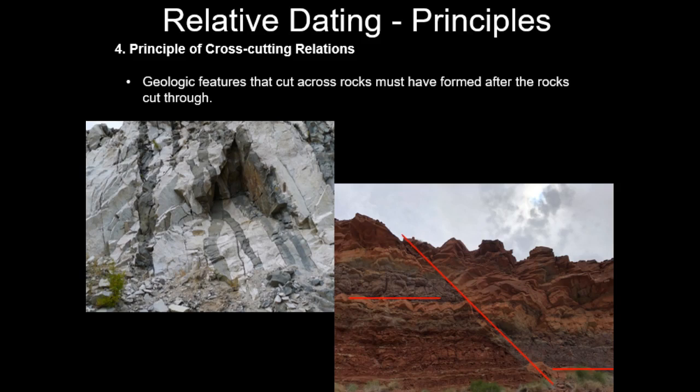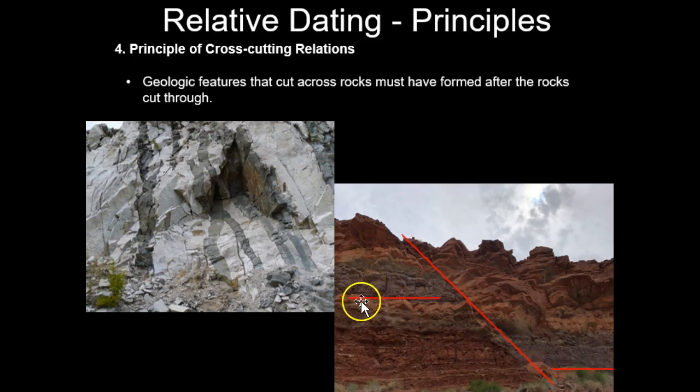Okay, also on the right-hand side, you see the principle of cross-cutting relationships seen, this time not by a rock, but rather by an event. So in this case, you see a normal fault. Again, we'll cover normal faults and all types of faults in chapter 9. But you see that the rock has split the two different blocks aside.